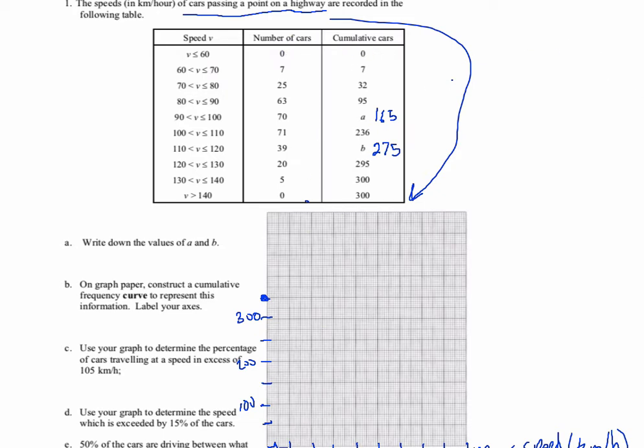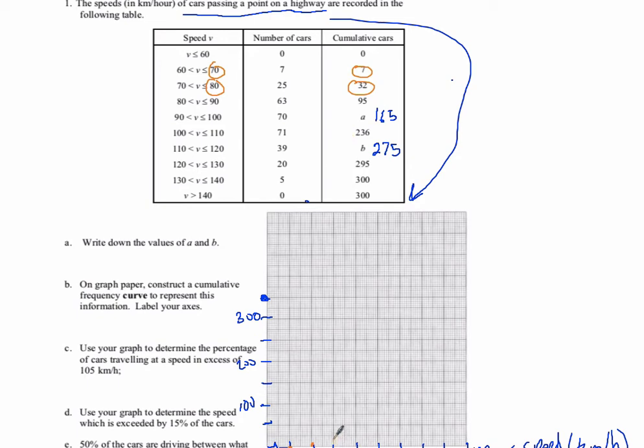Let me do this in red. We've got 0 up to that point. Then up to 70, we have a cumulative total of 7. So we're going to be graphing these points. Now I've got this up to 50, so 7 is going to be way down there, really tiny. Then at 80, we've got 32.